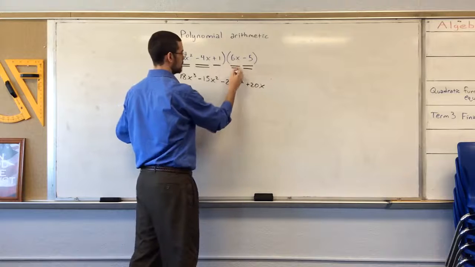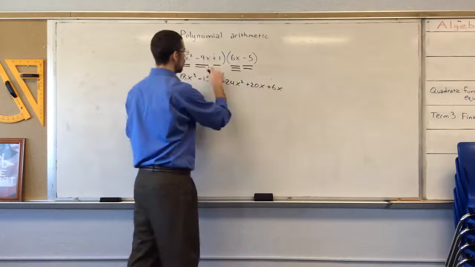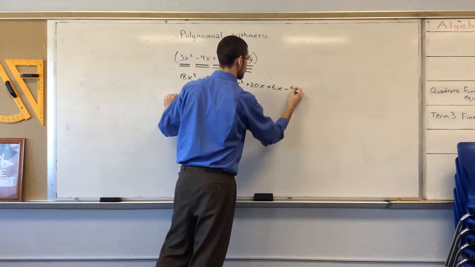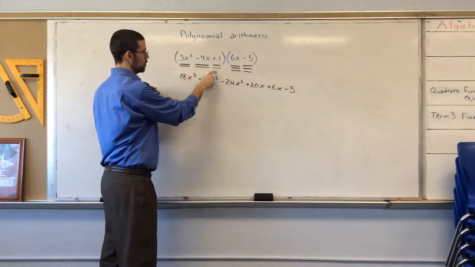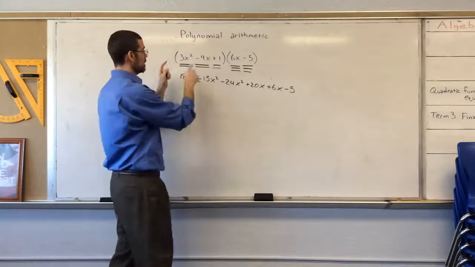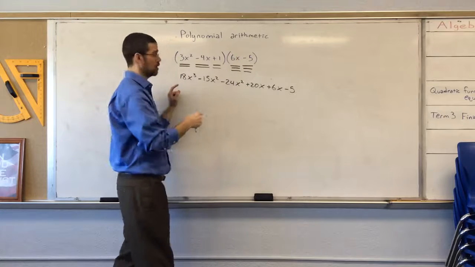1 times 6x is 6x. 1 times negative 5 is negative 5. Notice, I have 2 underlines under each of these monomials. That is because each of them has to be multiplied by 2 different terms.